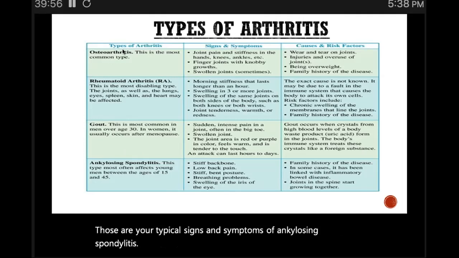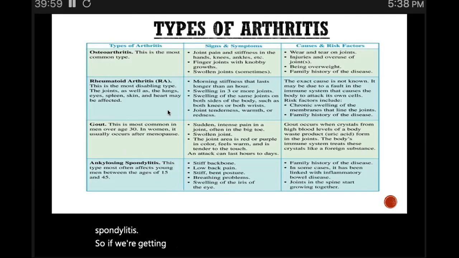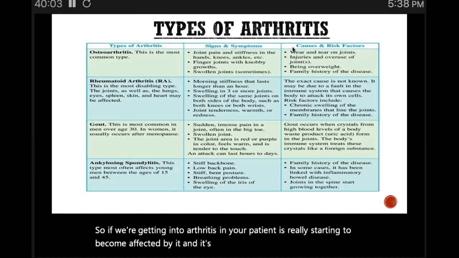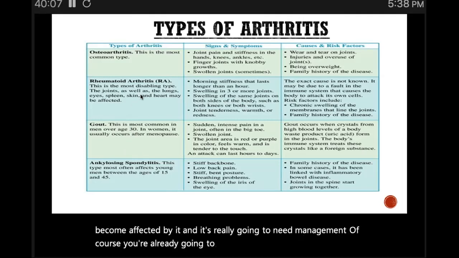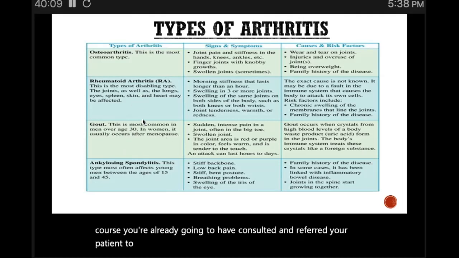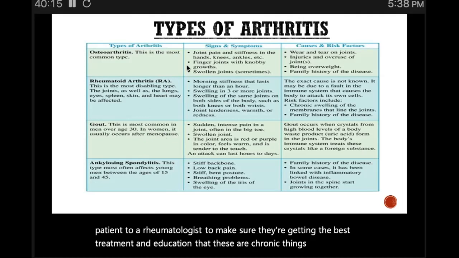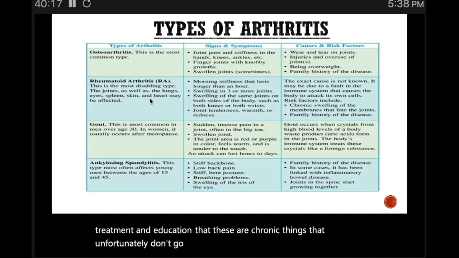So, if we're getting into arthritis and your patient is really starting to become affected by it and it's really going to need management, of course, you're already going to have consulted and referred your patient to a rheumatologist to make sure they're getting the best treatment and education that they can. These are chronic things that unfortunately don't go away, but they can be managed very effectively so that the patient's life is not disabled.